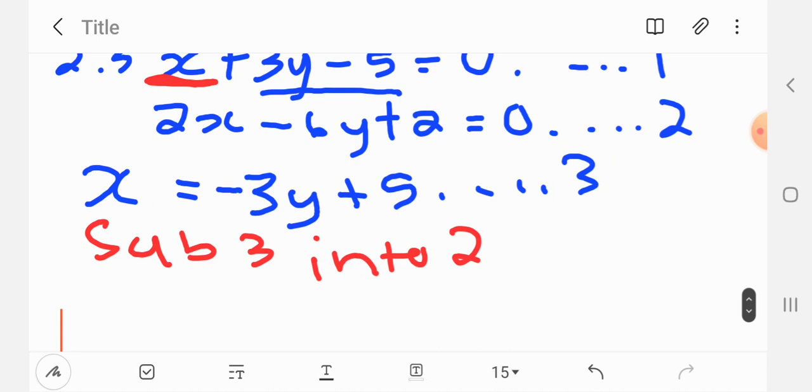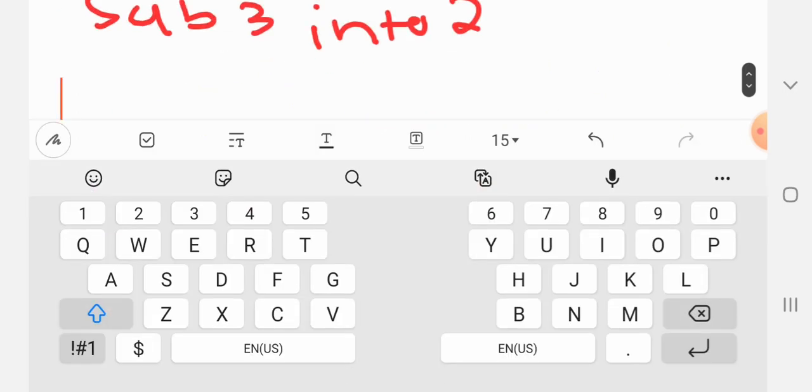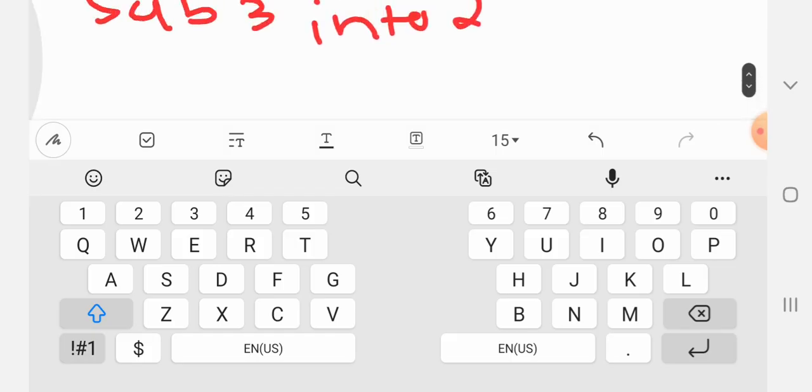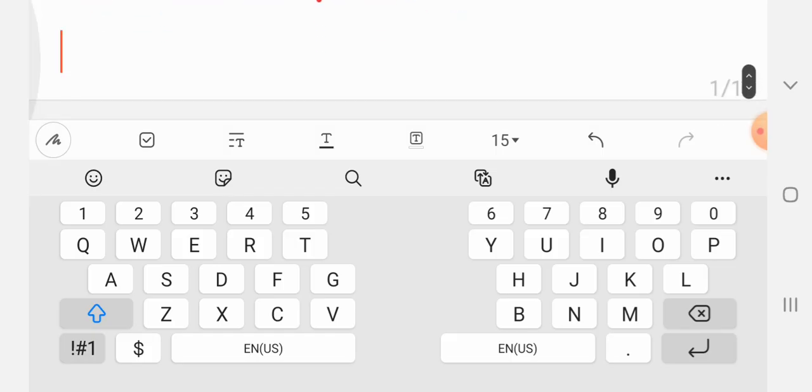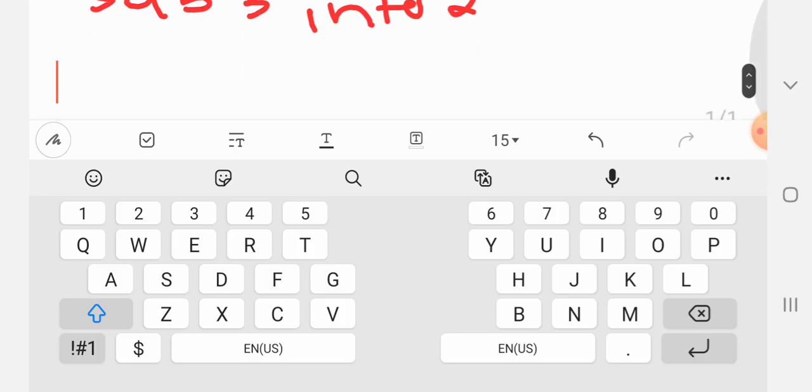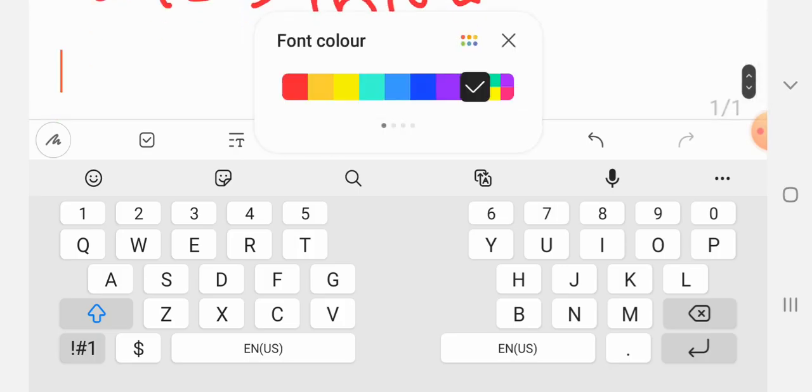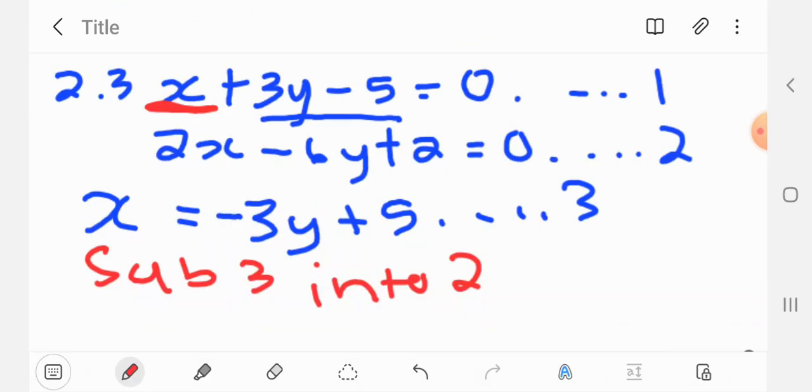So let me just do this in order to get some space. I'm just going to erase it.